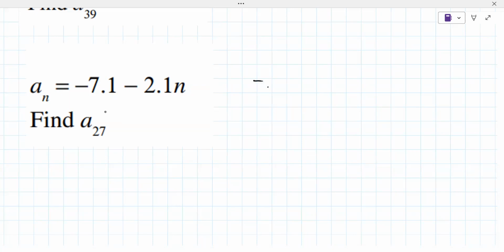I got a different result here. So it's minus 7.1. Oh, I didn't see the negative on the 7.1, that's why. Okay. Let's put it in again with the negative. Negative 63.8. Yes. Very good.